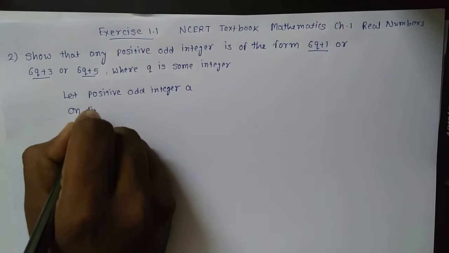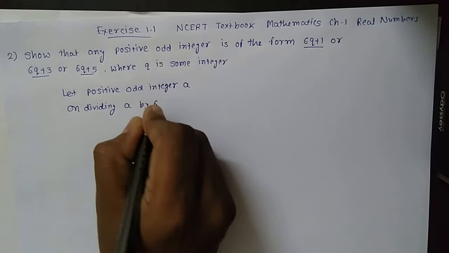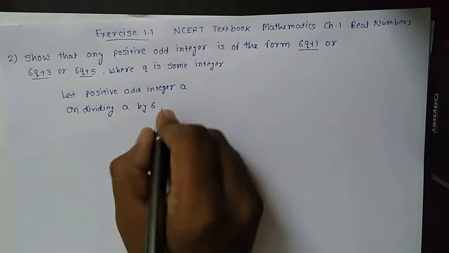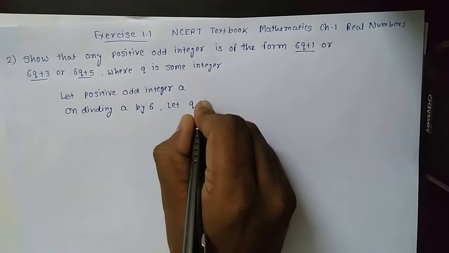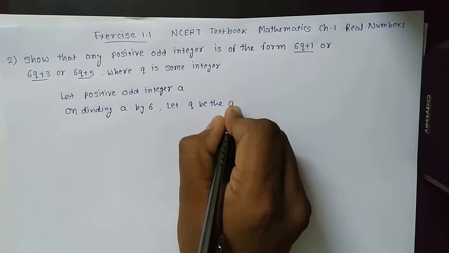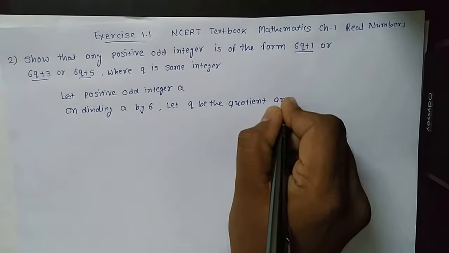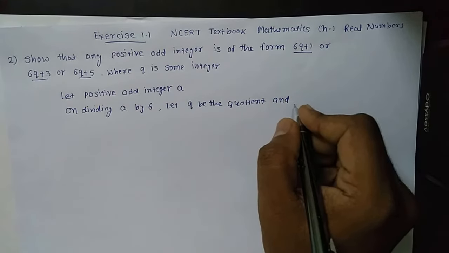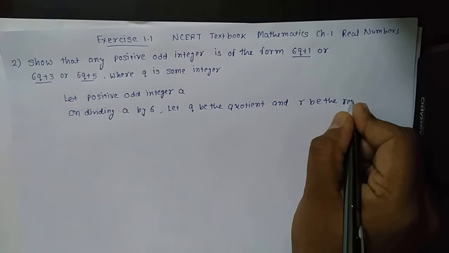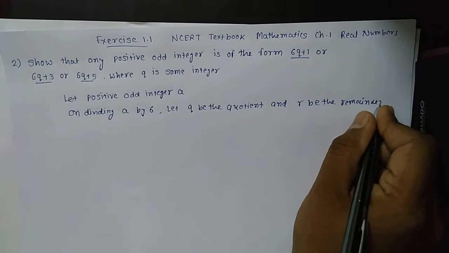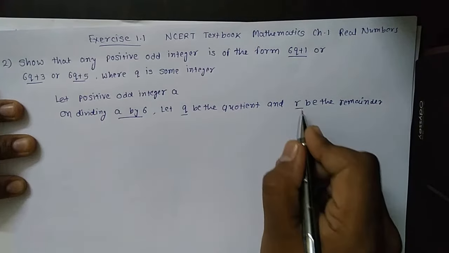On dividing a by 6, let q be the quotient and r be the remainder. Now as we divide a by 6, we consider that q is the quotient and r is the remainder.